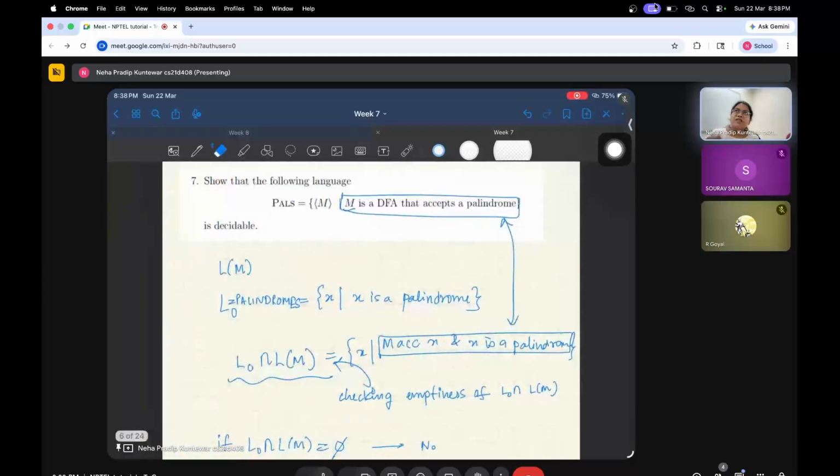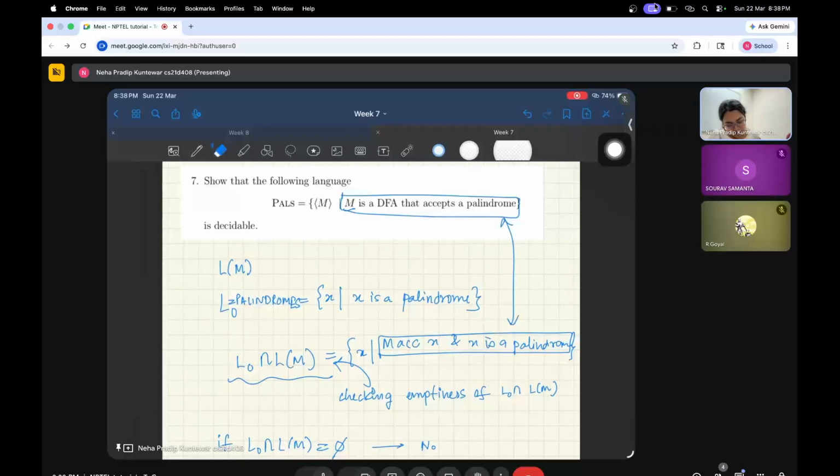Because these reductions are transitive, if you can reduce A to B and B to C, then you also have a reduction from A to C. And normally the first problem we start with is the halting problem.